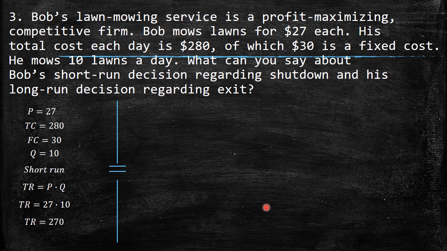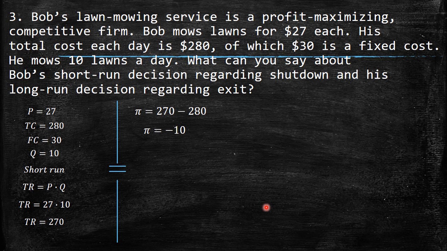This one is going to be 370, the total revenue per day from Bob's. Then the profits are defined as pi equal, and this one is going to be minus 10. So you will say the immediate question: don't do that, you are losing money. But why not?